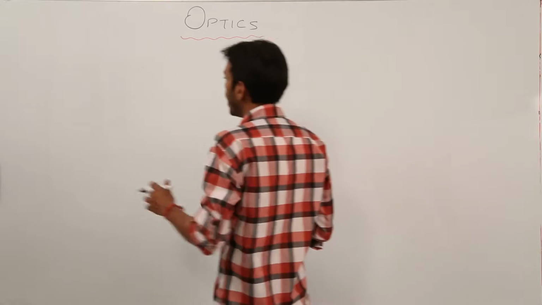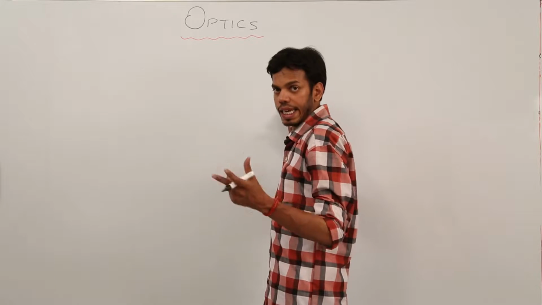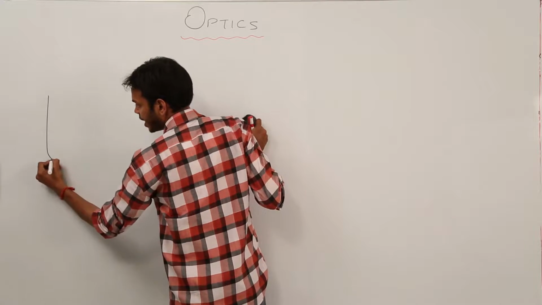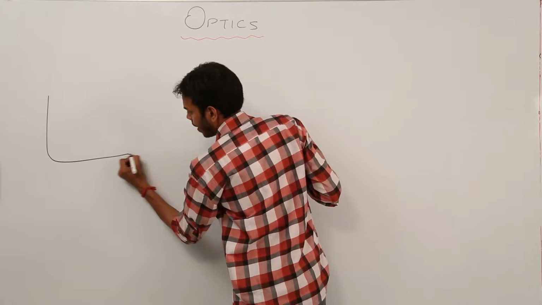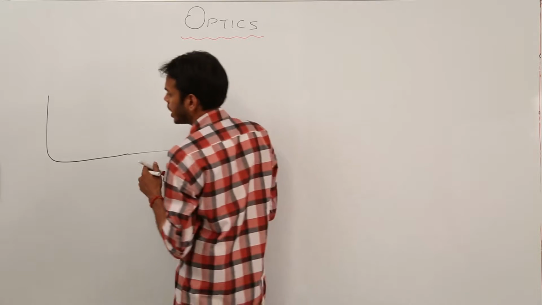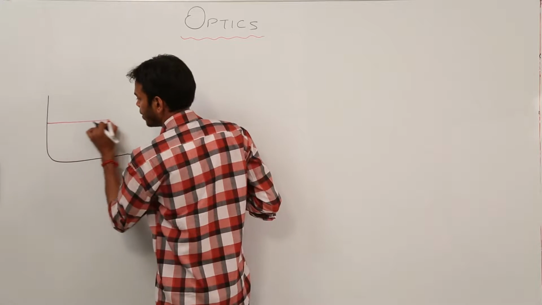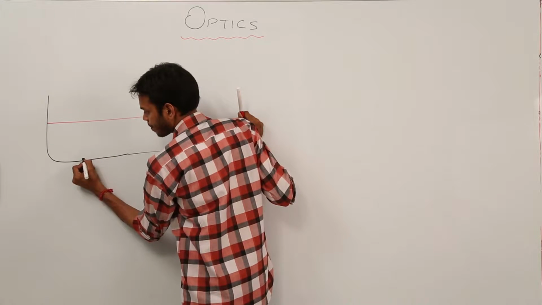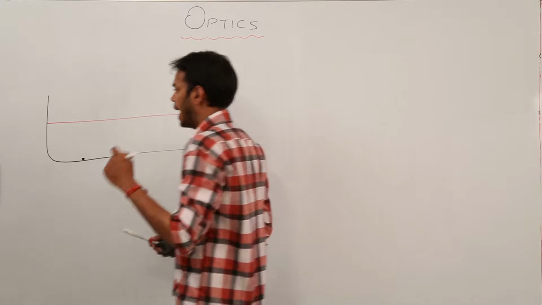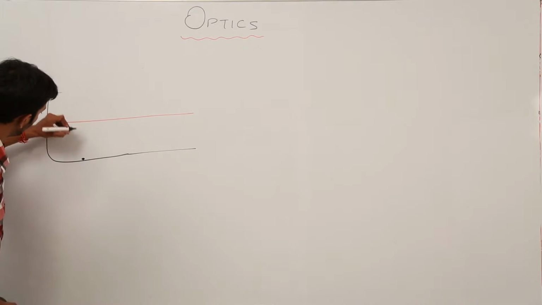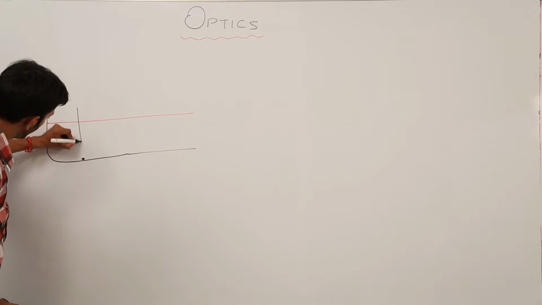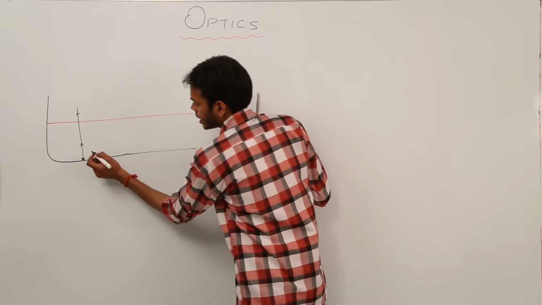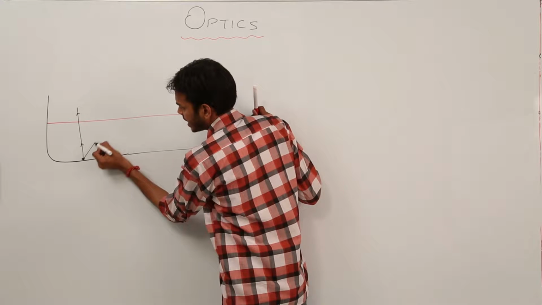Now we are moving on in the same trend. See, I have an arrangement where the water level, or the denser medium, is filled up to this point, alright, and I have an object here. So I'll first again talk about this ray which is going straight along the normal, and this ray which is going at some angle.